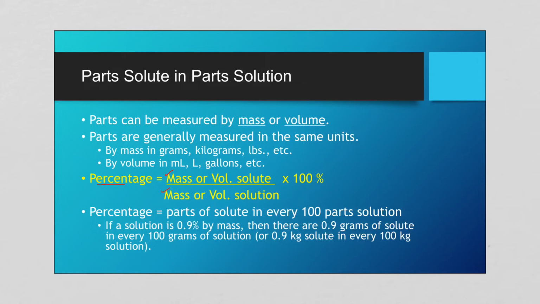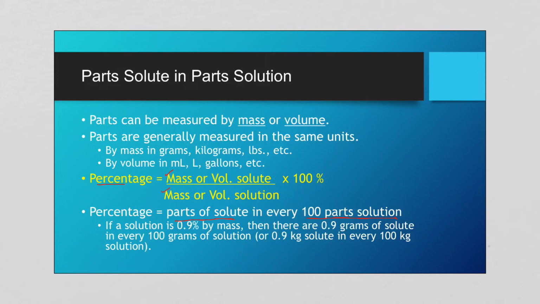But anytime we express it as a percentage, what we have to understand is what we're really expressing is how many parts of the solute for every 100 parts of solution. So for example, if I have something that is 0.9% by mass, what that means is that there is 0.9 grams of solute for every 100 grams of solution.